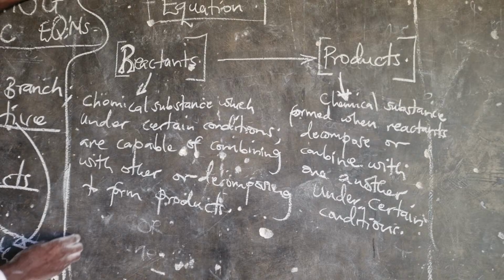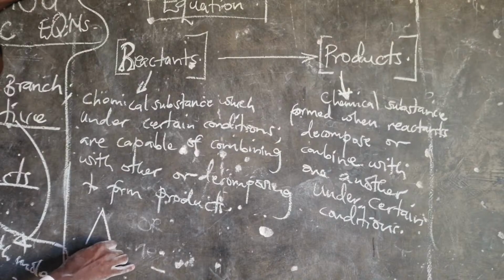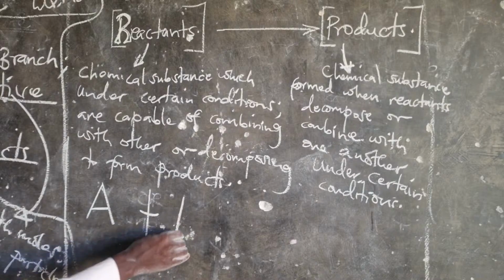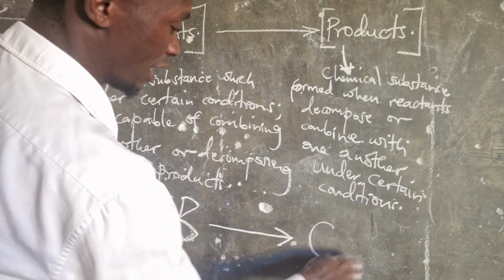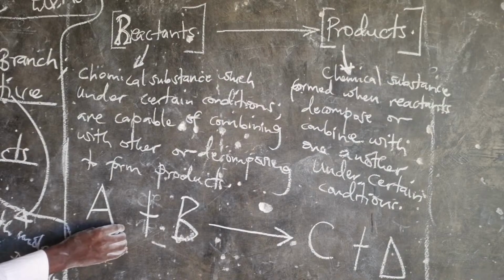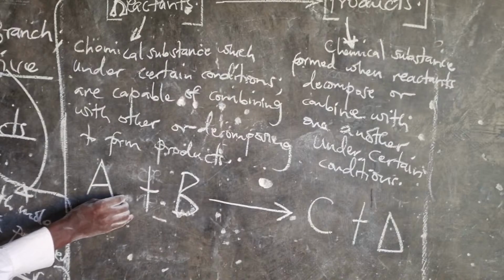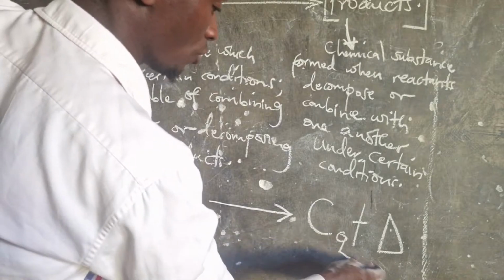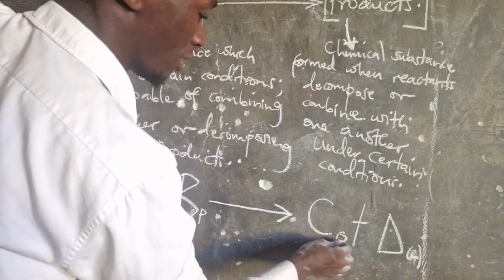Let's take an example of two substances, A and B, reacting to form certain things, let's say C and D, with O, P, Q, and R in brackets down here.